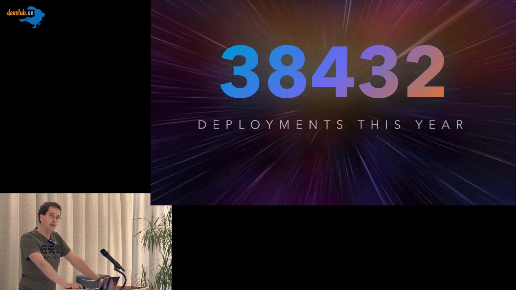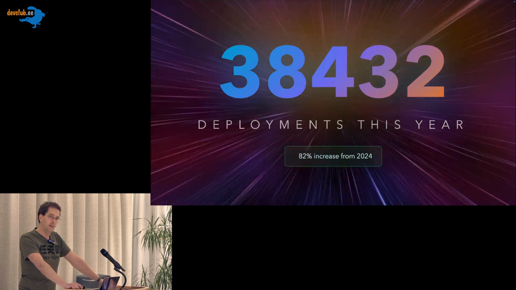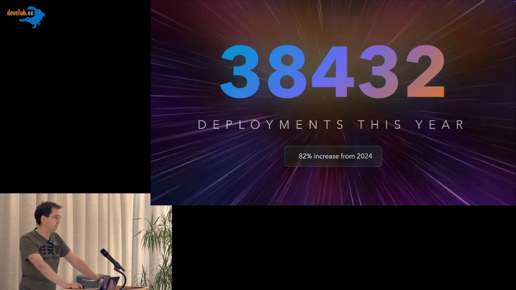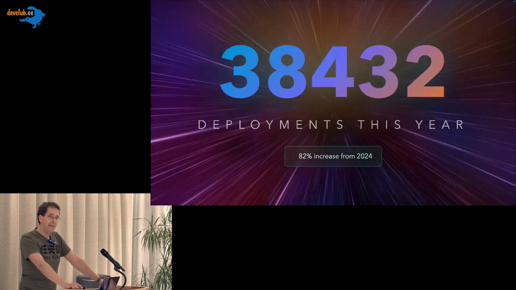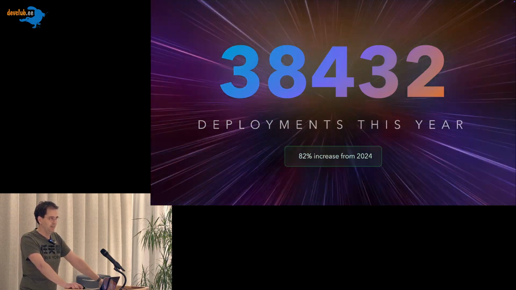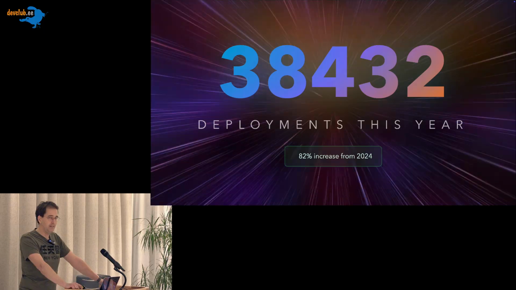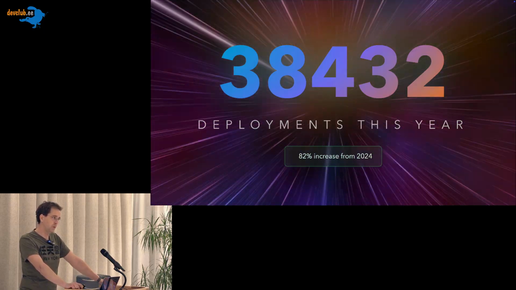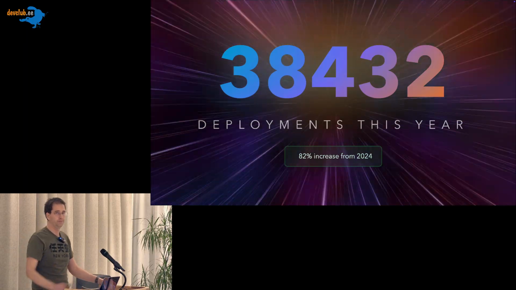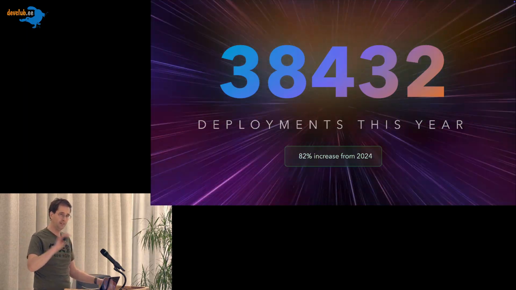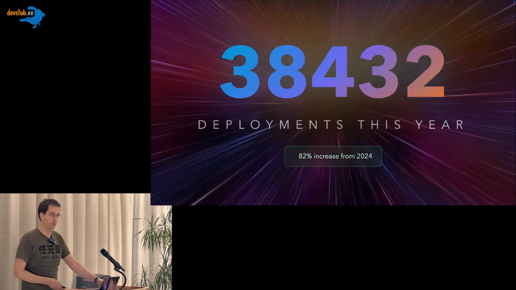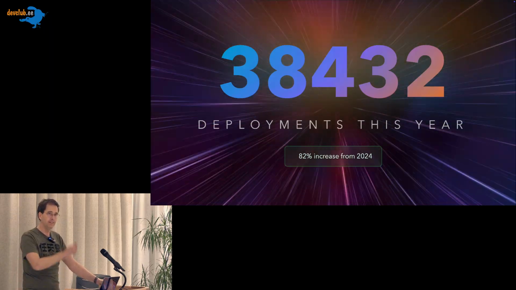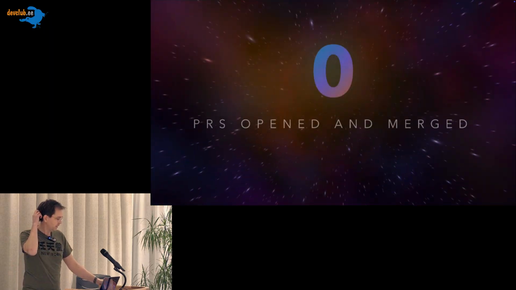This year, we predicted 30,000 and we blew past it. So it's an 82% increase. So this is actually showing that the culture is changing, that deployment, small and frequent, is a thing. So not looking at team and application, it's still 82% increase. And this is the scary number for most people.